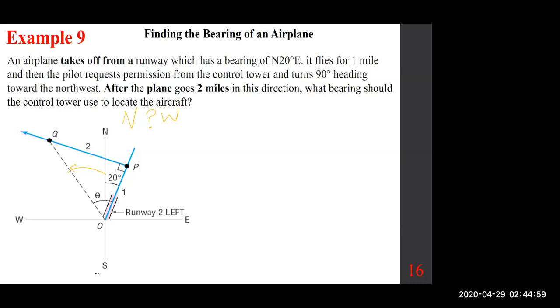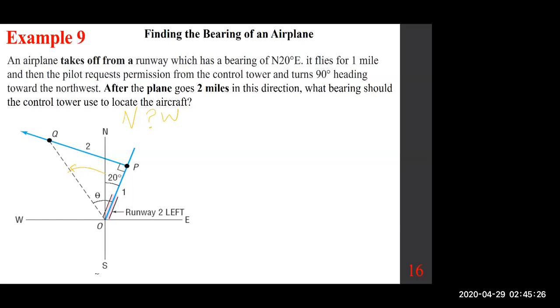Okay. So to do that, we can look at the given information. We see the theta, the angle that OQ makes with OP, the total angle of theta, can be found using the information that OP is 1, right, class?